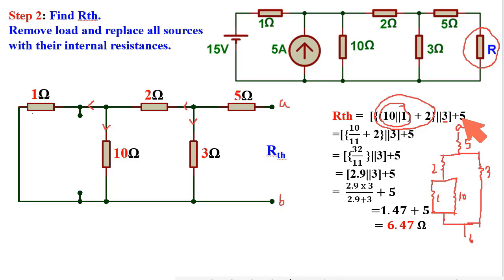So 10 parallel 1, equivalent of this in series with 2, equivalent of the full in parallel with 3, equivalent of this full in series with 5. Ultimately, after calculation I got 6.47 ohm. This is RTH.